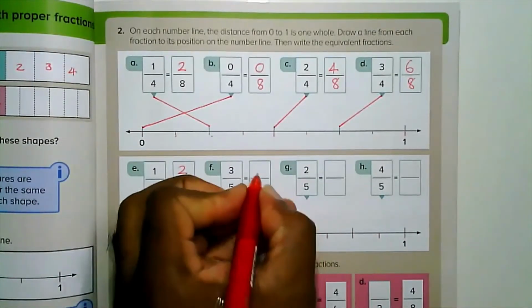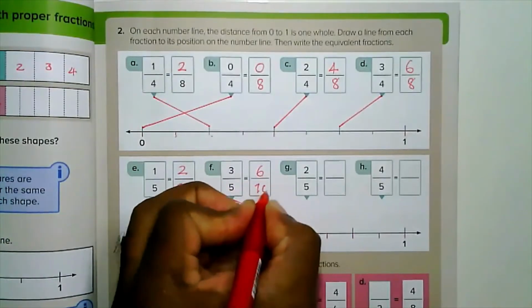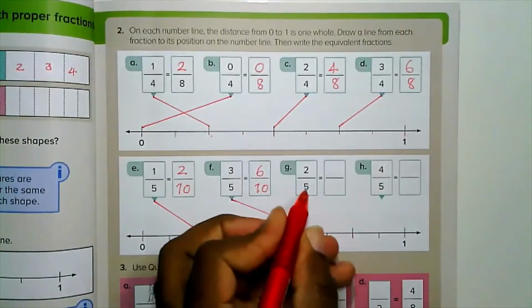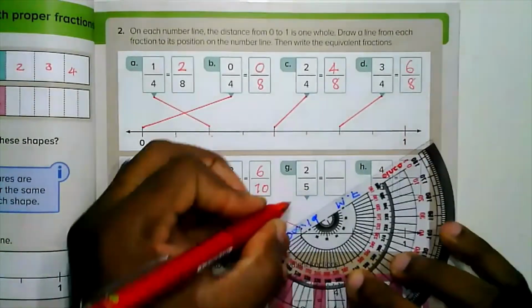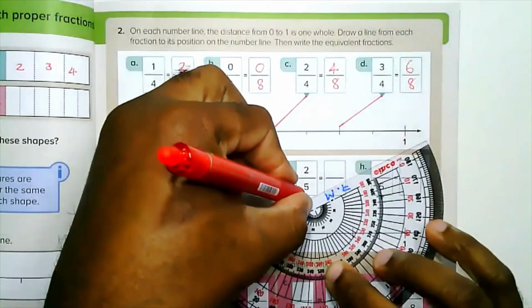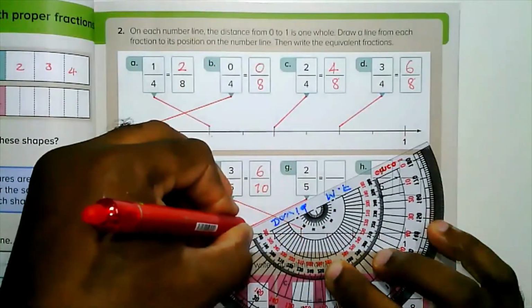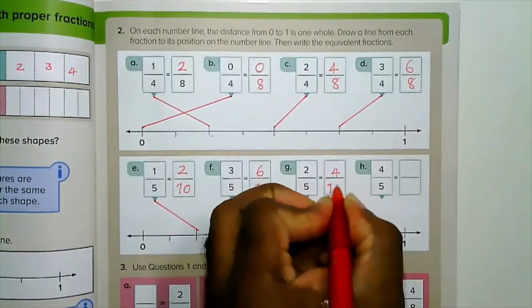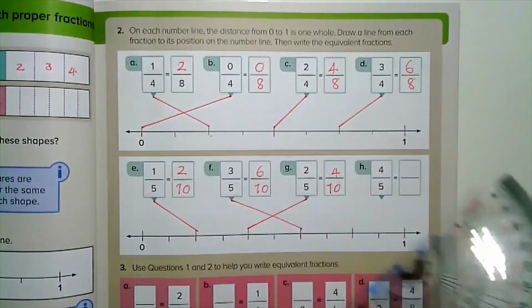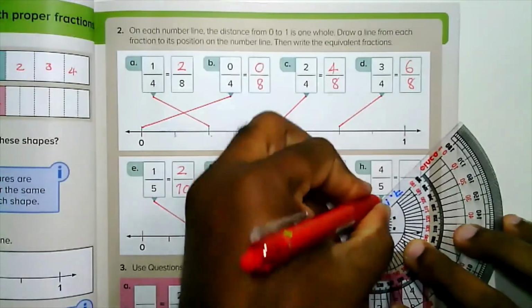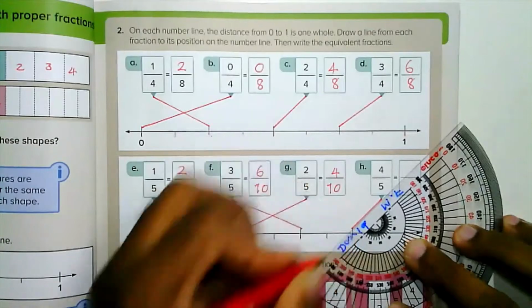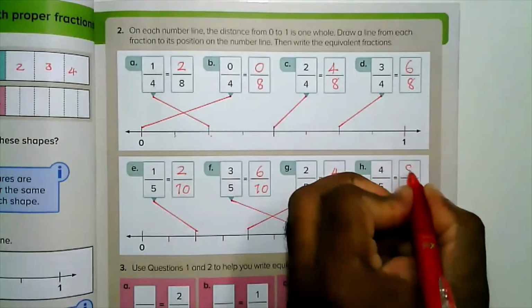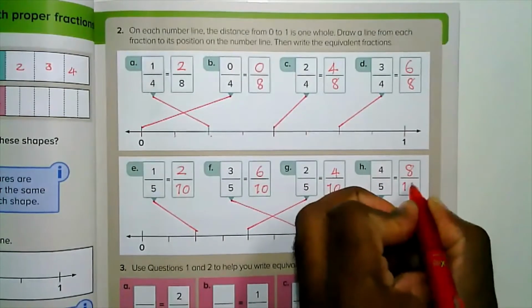Equivalent will be 6/10. 1, 2, 3, 4, 5, 6. And the same goes to 2/5. Equivalent will be 4/10. 4/5 will be here, and the equivalent will be 8/10.